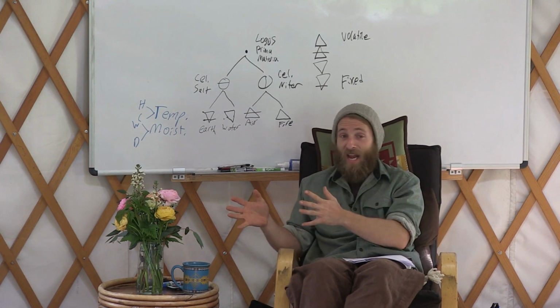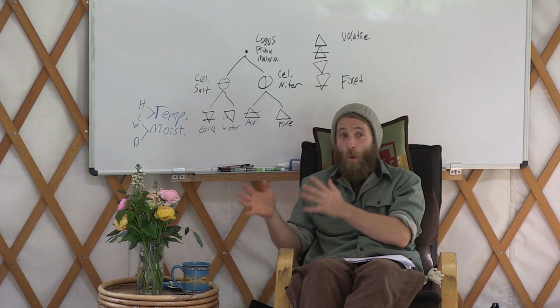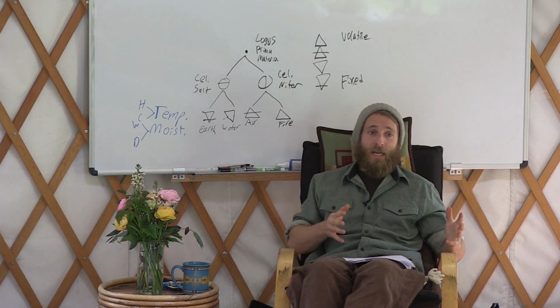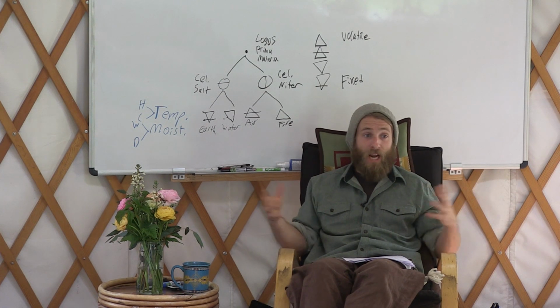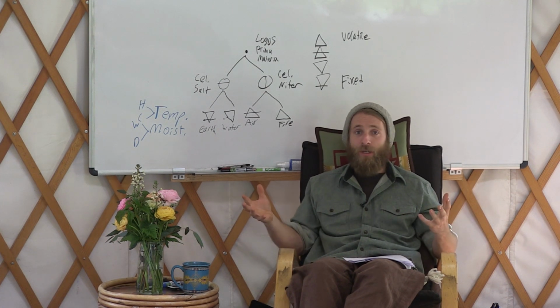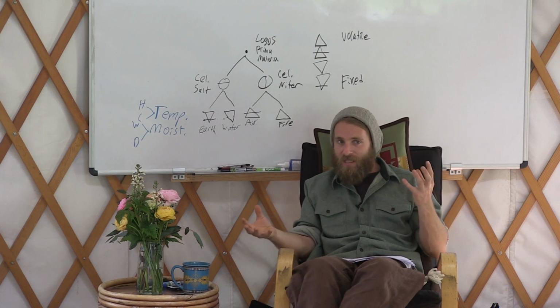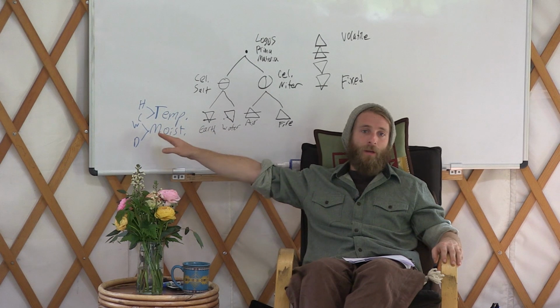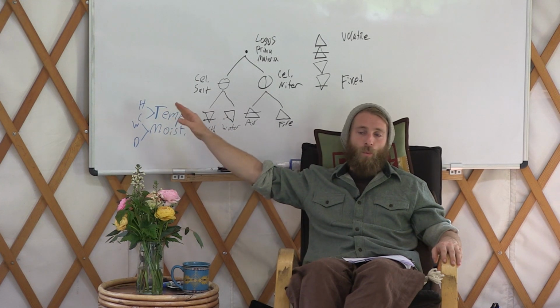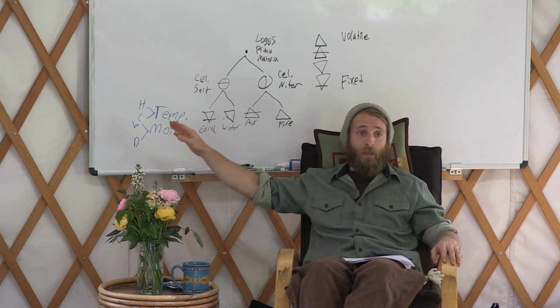But maybe person A has a really wet cough and person B has a really dry cough, right? Same symptom, they've got a cough. They've got an infection in their lungs, but the underlying state of the tissue, the energetics of the tissue, is different, right? So we want to treat those people very differently.